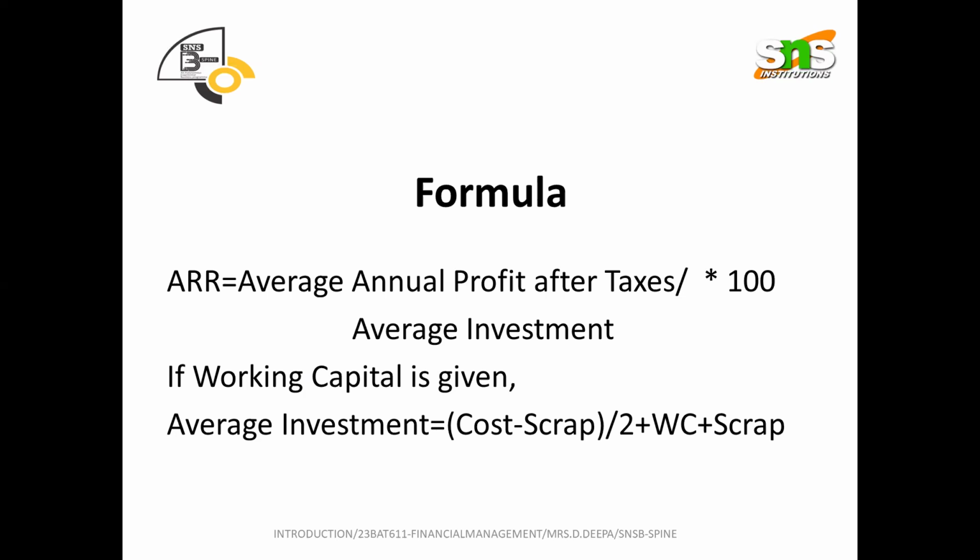Divided by what? The average investment. Again, we need to calculate this average investment. Since scrap and working capital are given here, we have another formula. See here: average investment is equal to cost, where cost is the initial cost, minus scrap value, divided by 2, plus working capital plus scrap.